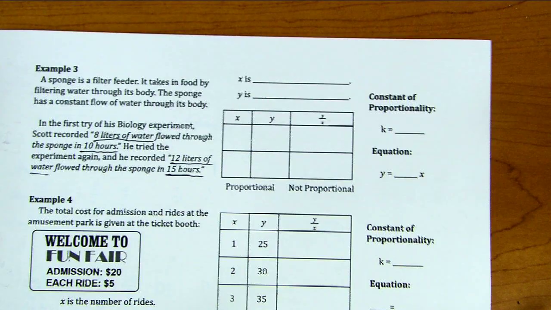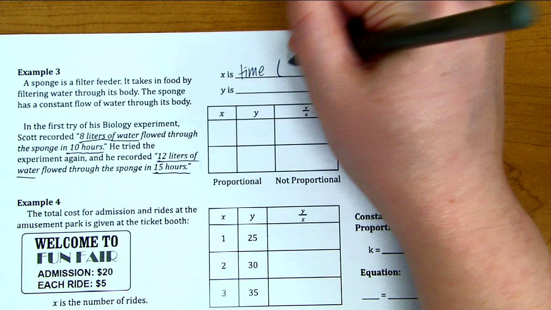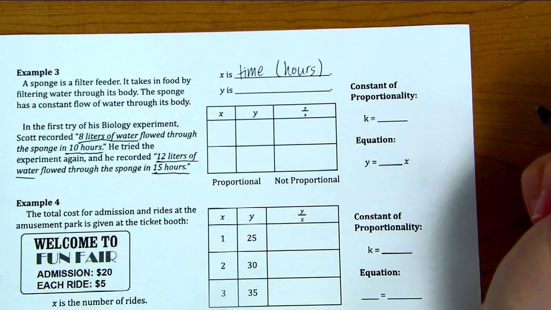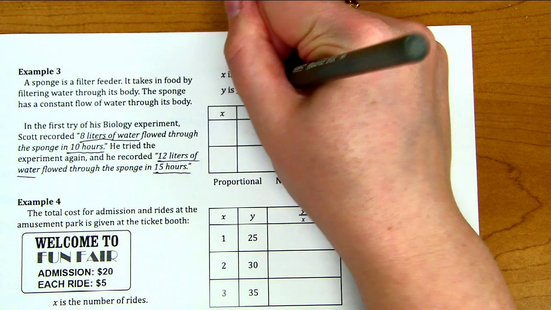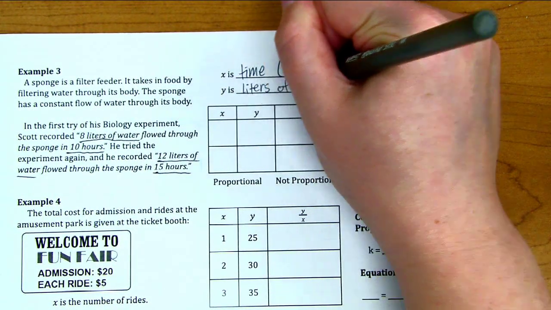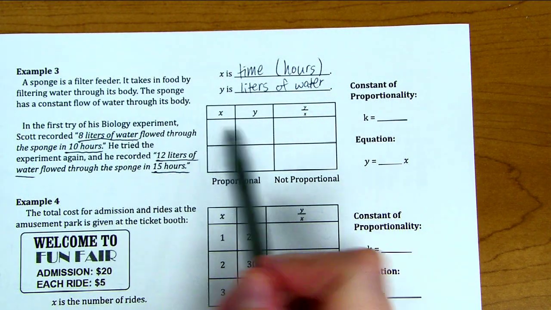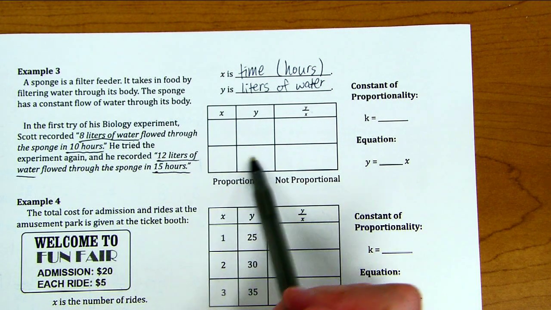In this case, we want to specify, so this is time, and this is measured in hours, as opposed to days or weeks or minutes. That means Y will be the liters of water. So now that we've decided that, we can go ahead and record the information for each of these measurements in the specific rows.